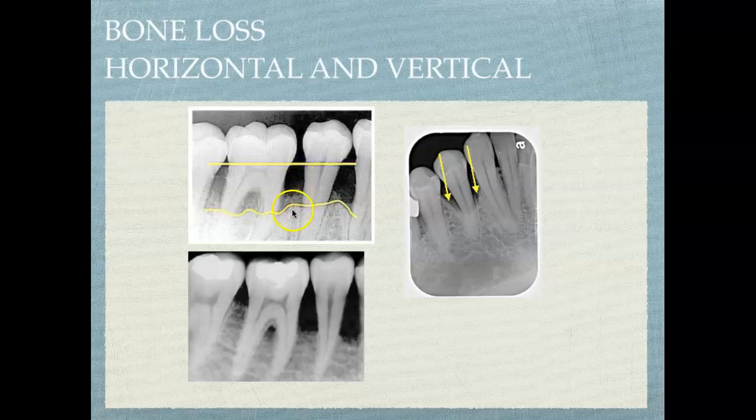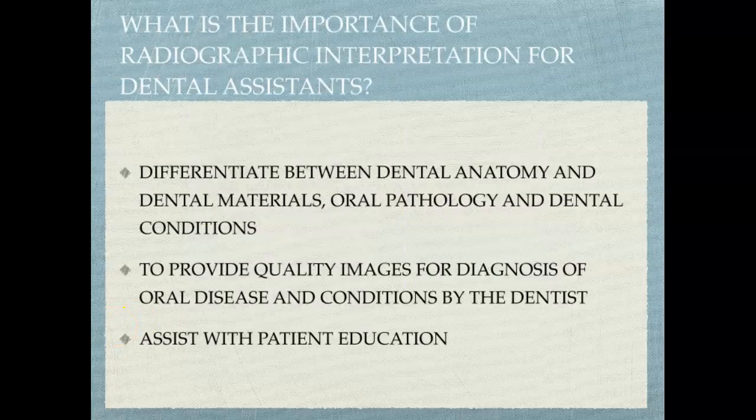It's just reducing horizontally. Or we can see vertical bone loss, where maybe it affects one or two teeth, where you have this deep pocket. And this is just another view of horizontal bone loss involving the furcation.